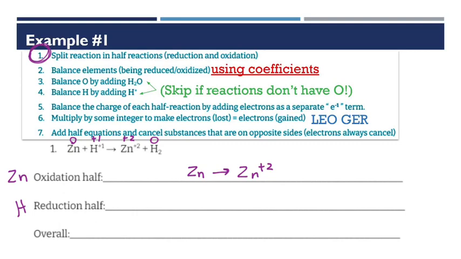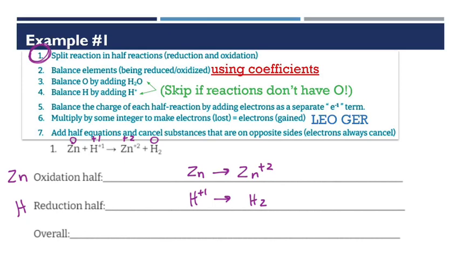You saw I was kind of running out of space for some of my electrons when I was adding them before. So if I start in the middle, that makes sure I have space on either side for whatever I need to add. The other thing is I try and make sure to line up my oxidation and reduction half reactions, just because that's going to make the adding up process easier at the end.